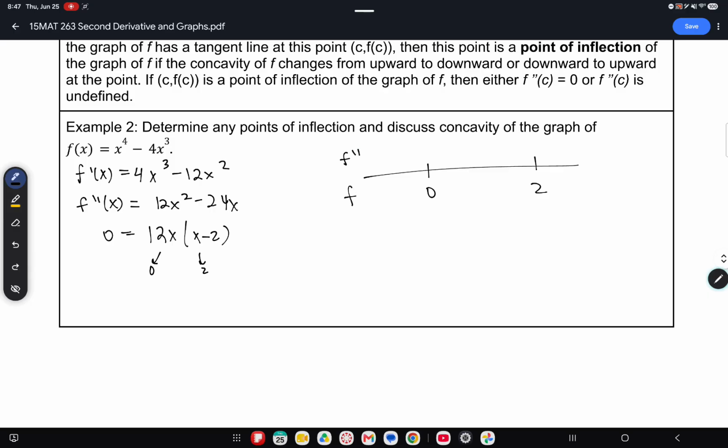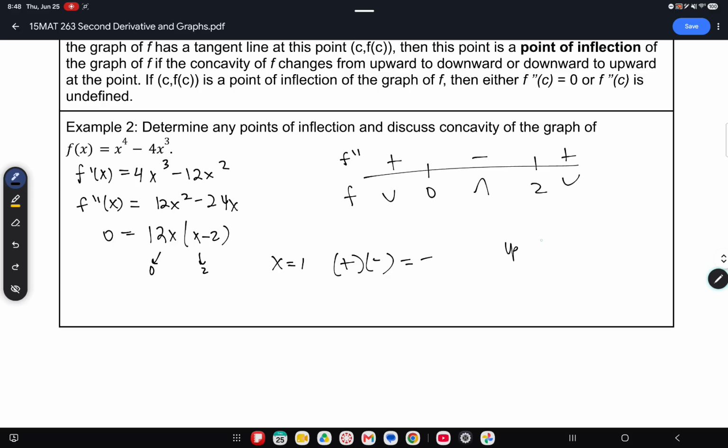All right, can go with the multiplicities again. They are odd, so it's going to cross at every point. So I'm just going to use x equals 1. 12 times 1 is positive, and 1 minus 2 is negative. So in the end, that is negative. And then we flip-flop. So up and up.